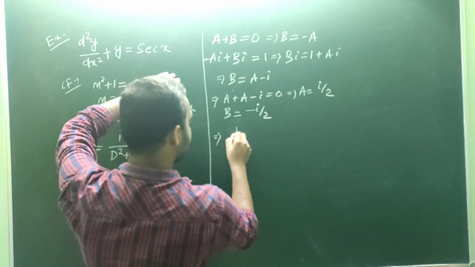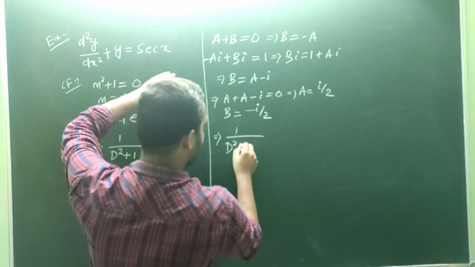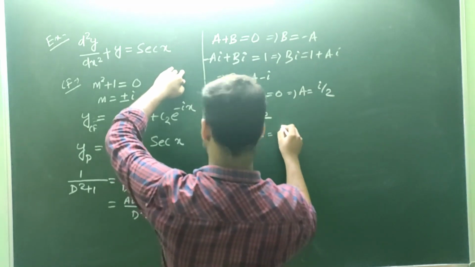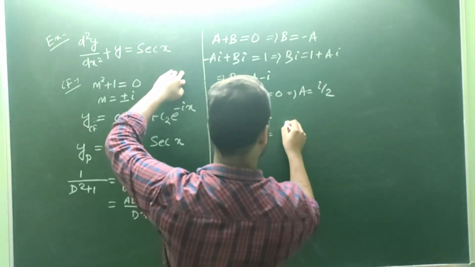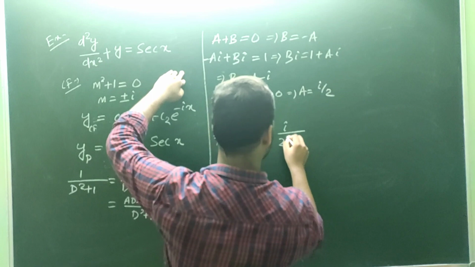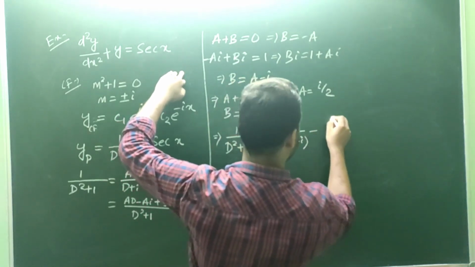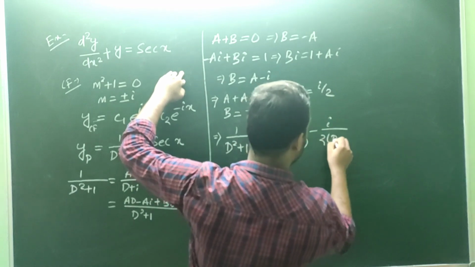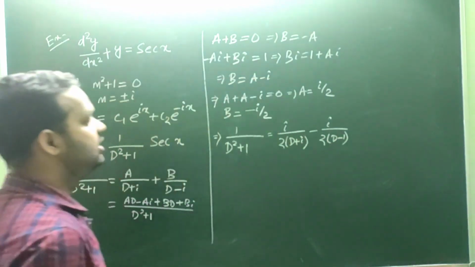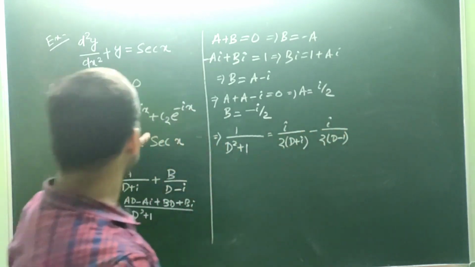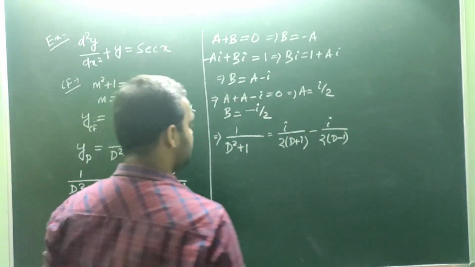So you can write this term 1 by d square plus 1 as i by 2 into 1 by d plus i, minus i by 2 into 1 by d minus i, right? So now we have to operate these individual terms on sec x, or r of x, right?